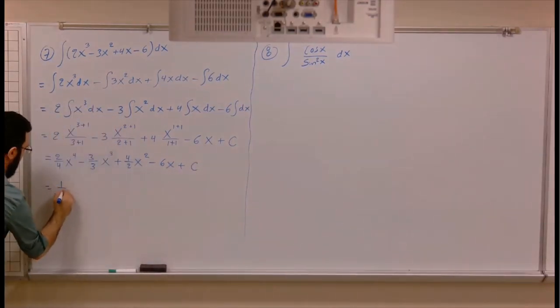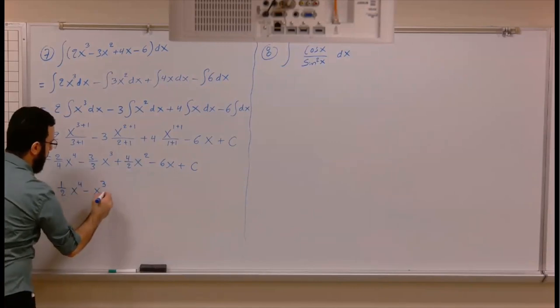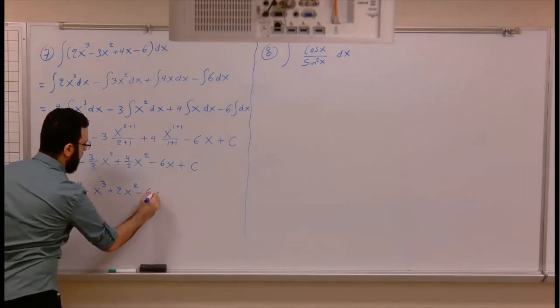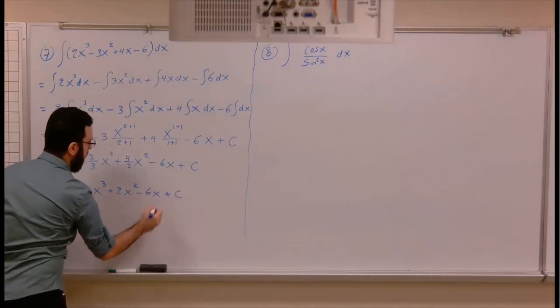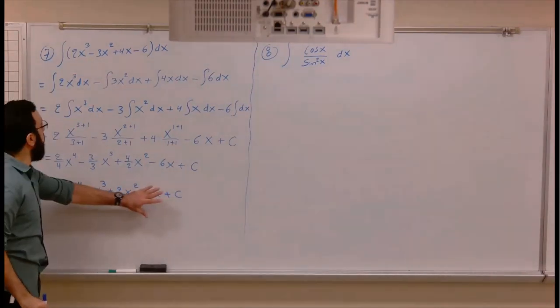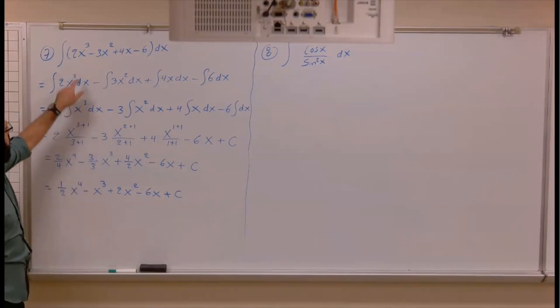So it's going to be half x to the power 4 minus x cubed, plus 2x squared, minus 6x plus c. Check: if you find the derivative of this one, you have to go back here. If you find the derivative of this one, you're going to go back here.